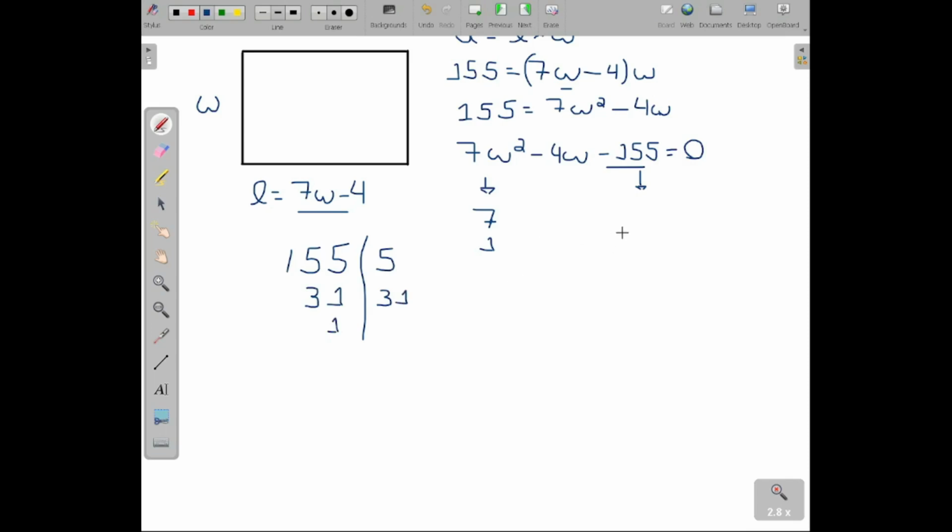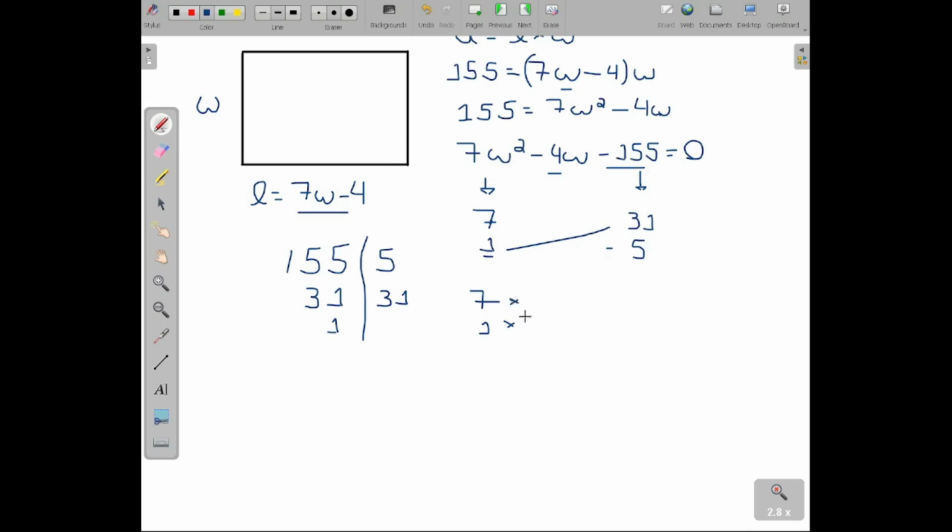So now we have to multiply 7 times one of these factors, let's say 5, and this one times the other factor, 31. So this 5 has to be negative, and the multiplication will be negative 5 times 31, which is negative 155.